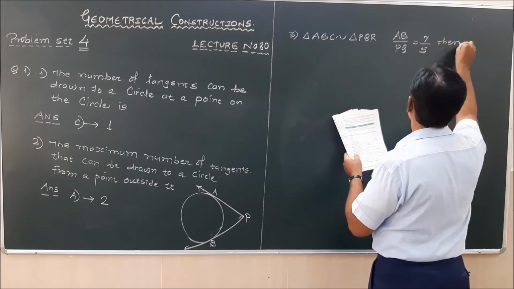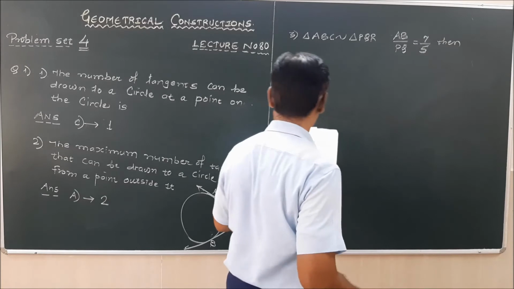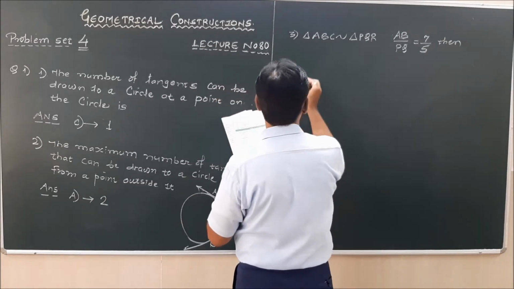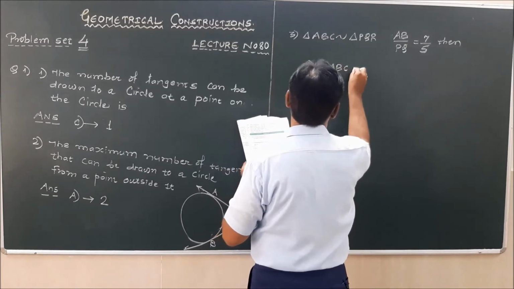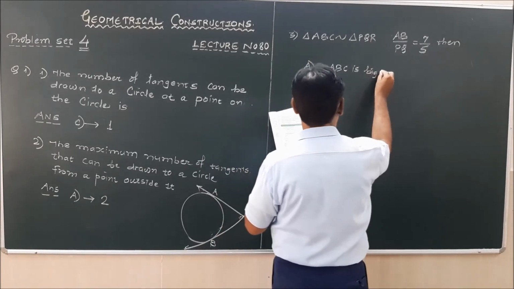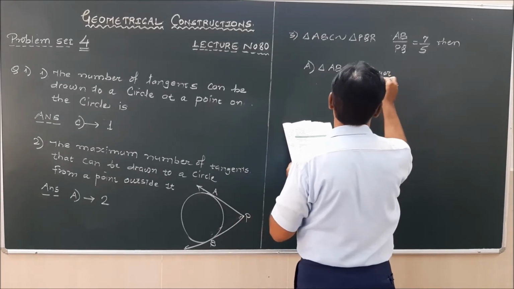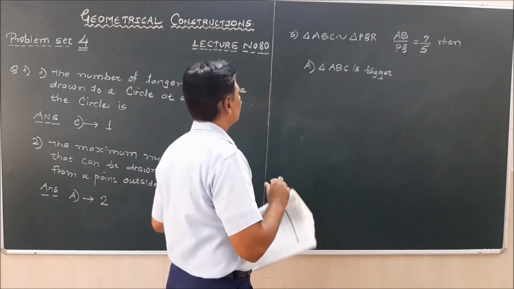Then triangle ABC is bigger. Very simple. Triangle ABC is bigger.